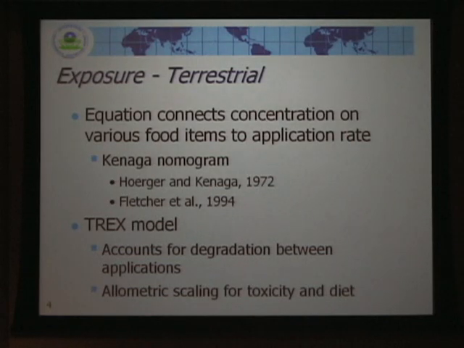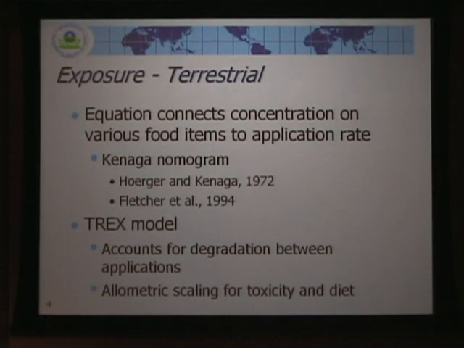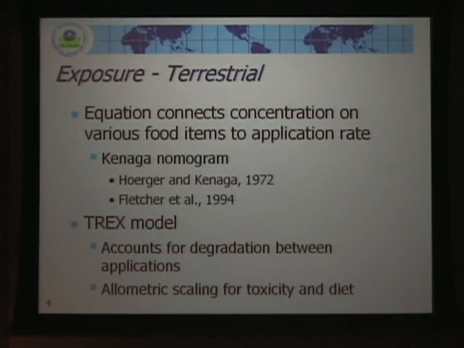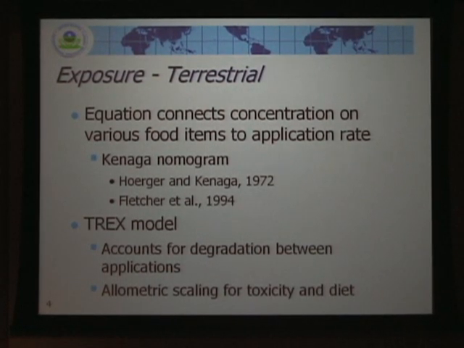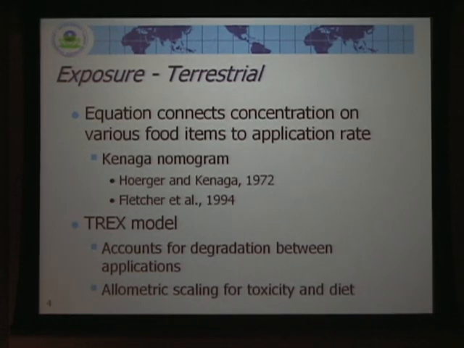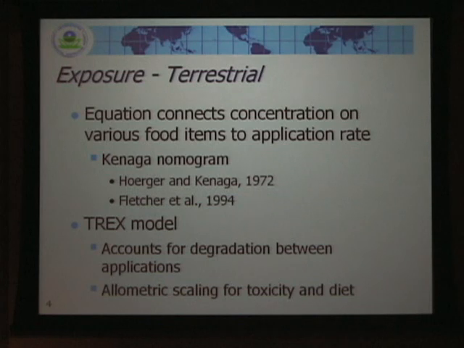And it's just a simple linear relation. And there are different classes of plant material: short grass and tall grass, and bushy plants and fruits and pods, things like that. So we have several different classes of plant materials that the pesticide could be on, and then we can estimate how much pesticide could be on that food item based on the application rate.